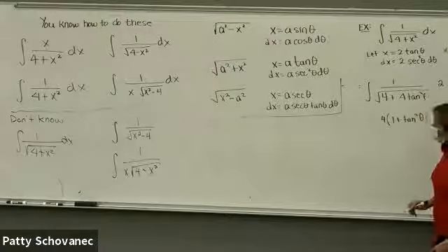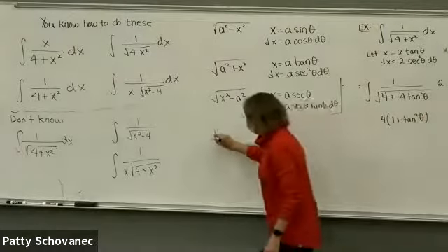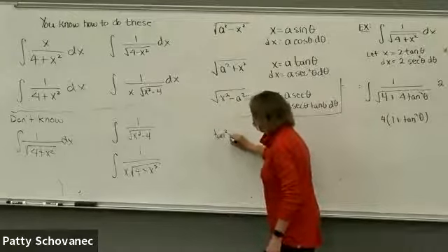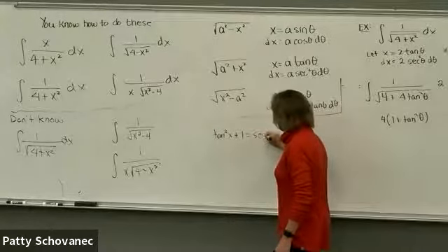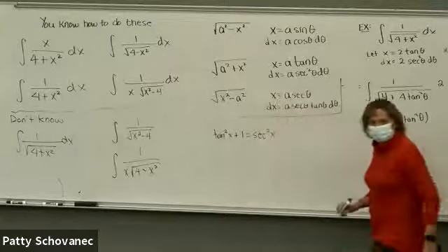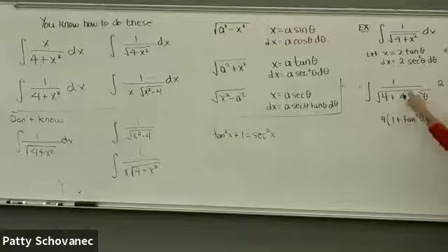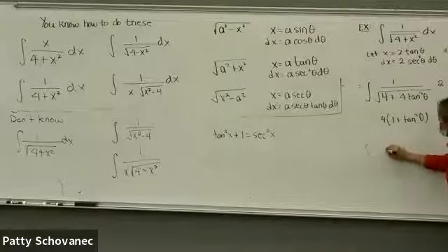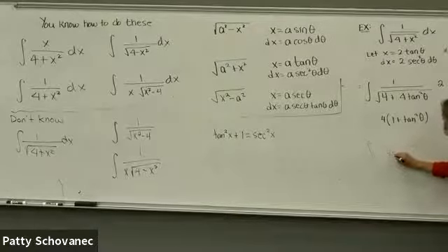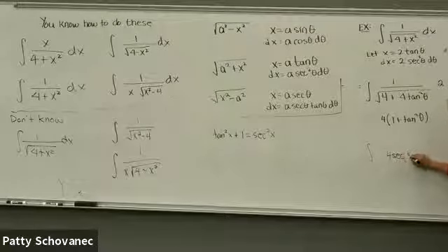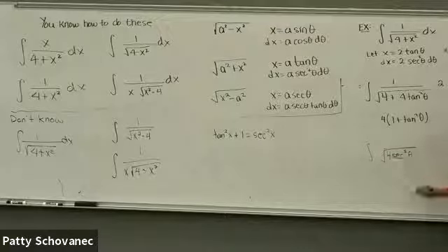And my Pythagorean identity was that tangent squared x plus 1 is secant squared of x. Tangent squared theta plus 1 is secant squared of theta. So this first term is going to become 4 secant squared of theta under the radical sign.